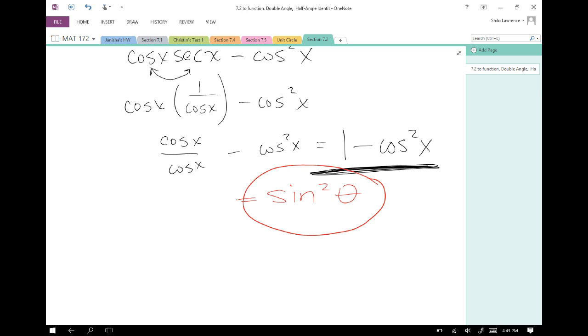So in 7.3, they're not just simplification problems, but they're proofs. And with the proofs, you've actually got two sides to your equation, and you're wanting to work it all the way down until both sides match. Now, this looks a little bit different on paper than it does in MyLabs Plus.